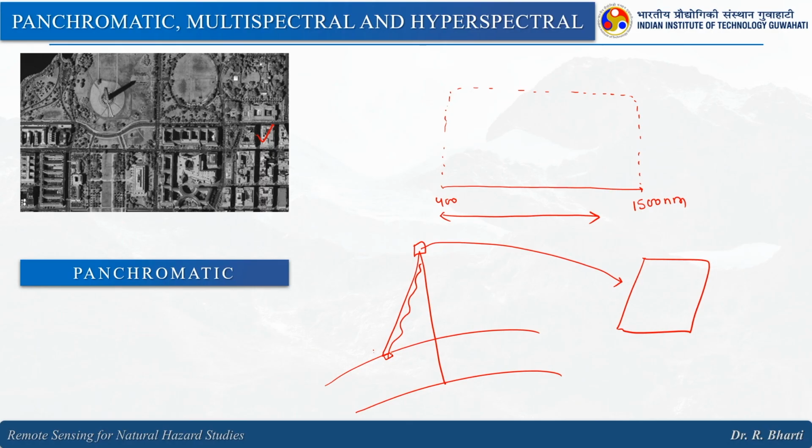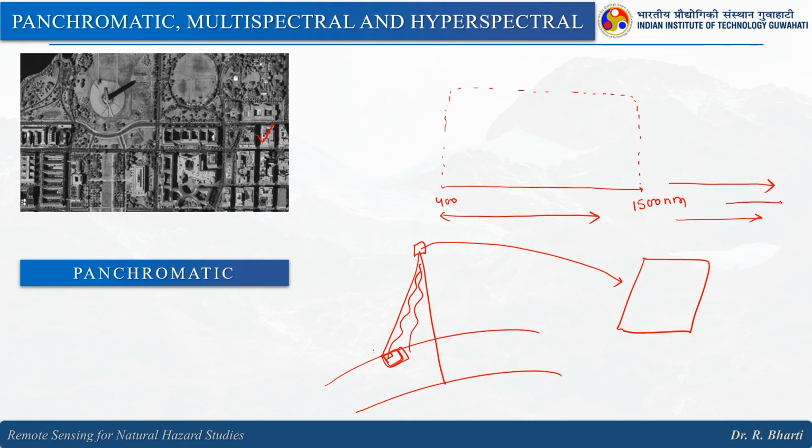But when we move to the longer wavelength, the energy will not be sufficient to travel. So what we do is increase the ground or pixel size, because in the shorter wavelength we had high energy, so a smaller area is able to produce sufficient energy to reach this sensor.